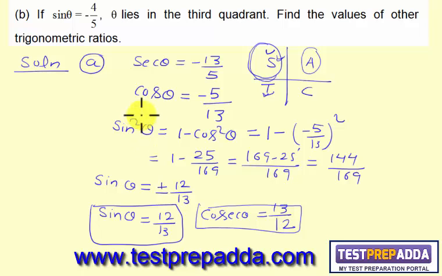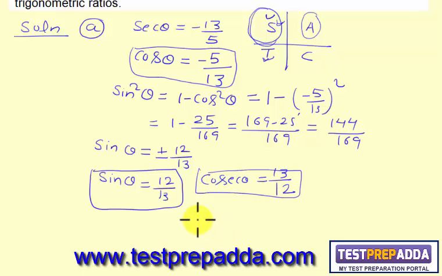Okay, so we have got three trigonometric ratios here: cos theta, sin theta, cosec theta. Now we will try to find tan theta. Tan theta is what? Sin theta upon cos theta.